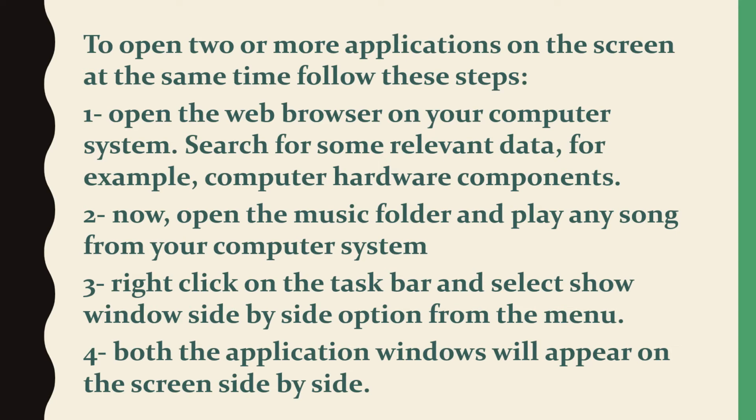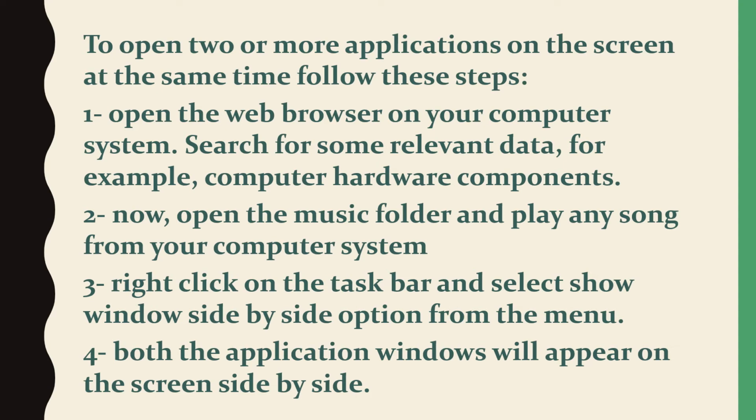Now, open the music folder and play any song from your computer system. Step 3. Right-click on the taskbar and select the Show Windows Side by Side option from the menu. Step 4. Both the application windows will appear on the screen side by side.